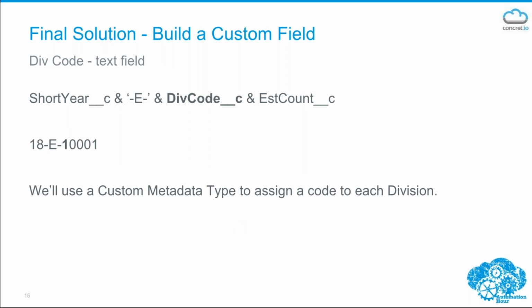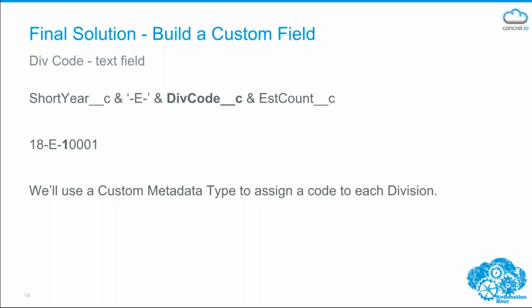And the next thing we came up with was the division code, because division is a field on the user record, and it is a text field that has a city name. Well, at least in this case, it's a city.